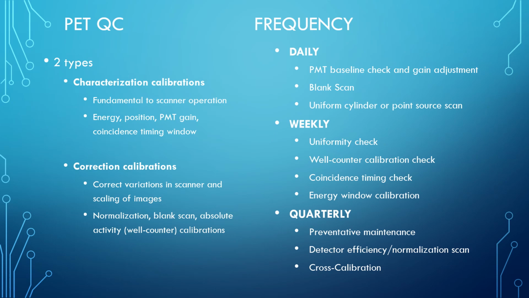So daily QC would be to perform a baseline check and gain adjustment, perform a blank scan, uniform cylinder or point source scan, and then weekly do uniformity check, well counter calibration check, coincidence timing check, and energy window calibration. And then quarterly, it would need preventative maintenance by a field service engineer, detector efficiency or normalization scan, and cross calibration.